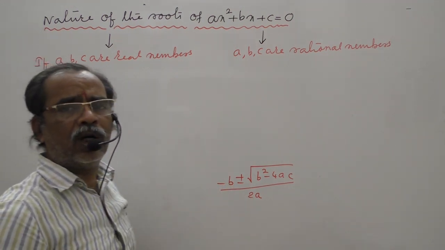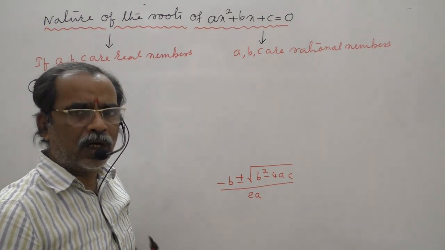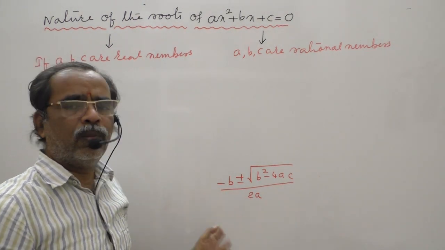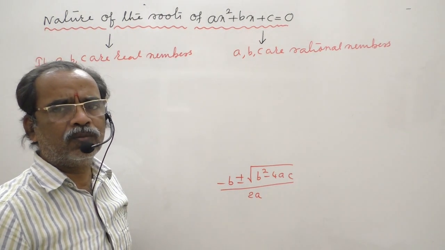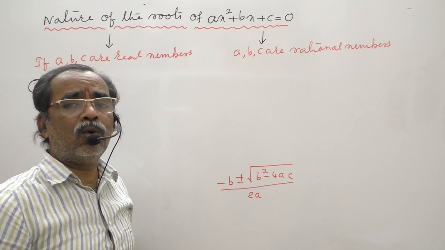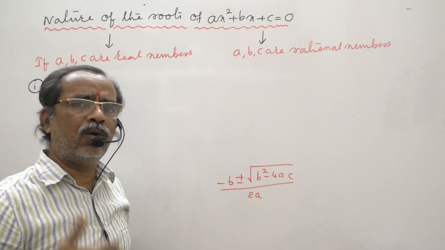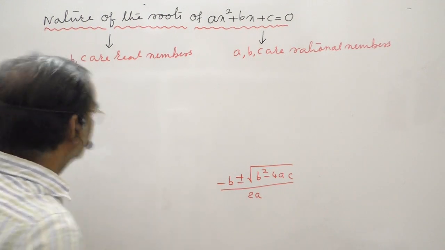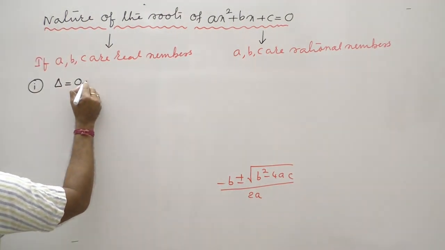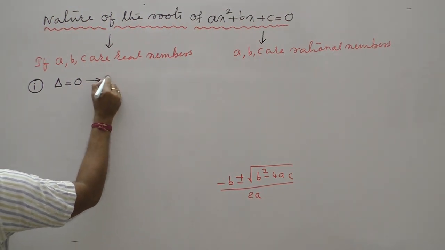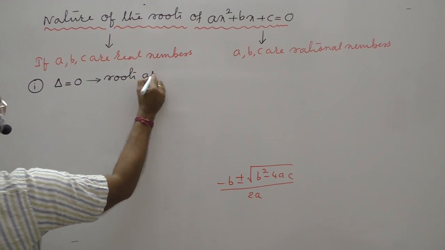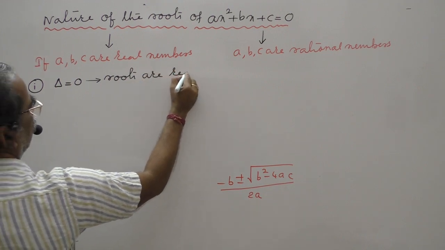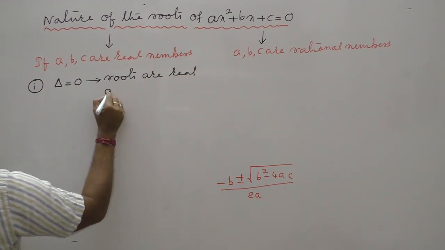You will get only one number, minus b by 2a. Again the root is a real one, but only one root will come. That means the other root is also the same. So therefore if delta is equal to 0, then the roots are real and equal.